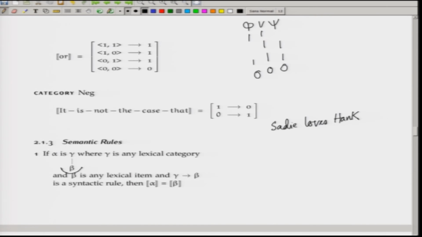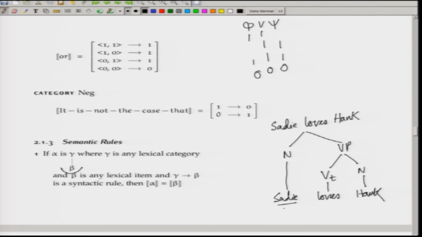We do not know whether this is true or not, but the construction is N and VP. Now VP goes to Vt and N, and this N goes to Sadie, this Vt goes to loves, and this N goes to Hank. So this is how the sentence is constructed.